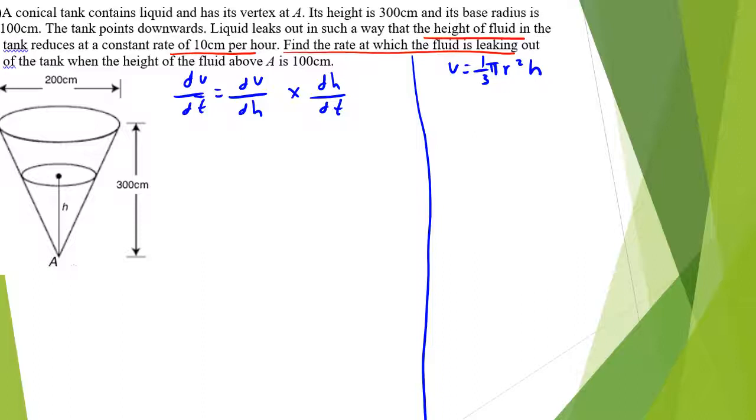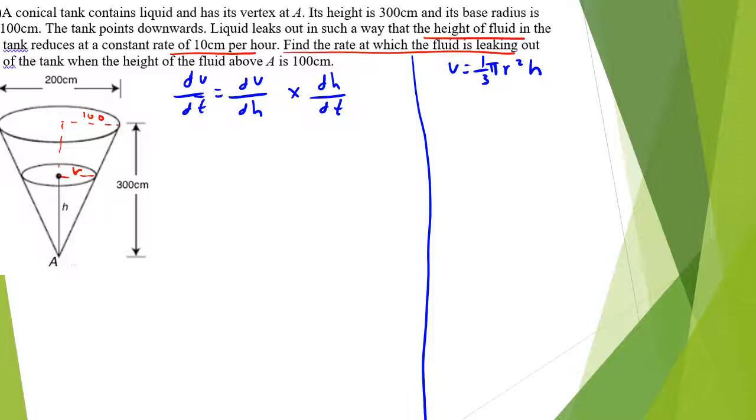If I go back to the diagram, you can see there are two triangles. That's 100, the radius of this bigger cone, and the height of the bigger cone is 300. Now this is the radius of the smaller cone. This is a similar triangle because they're sharing an angle in here, and both those angles are 90 degrees, so definitely those two are equal as well.